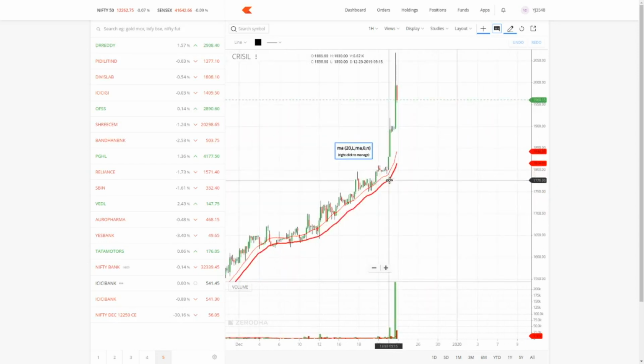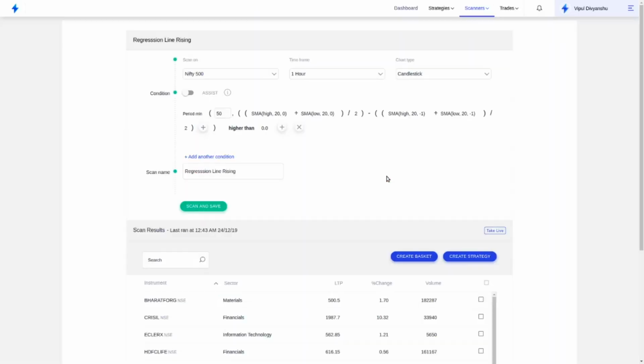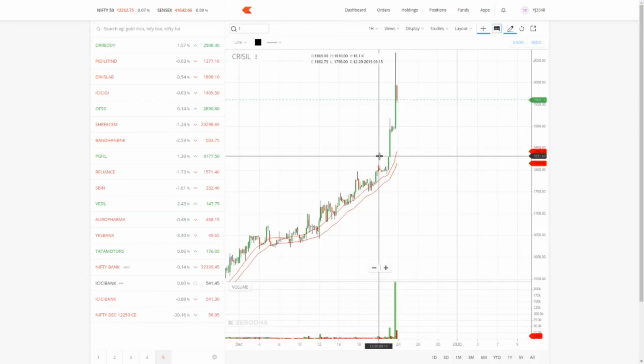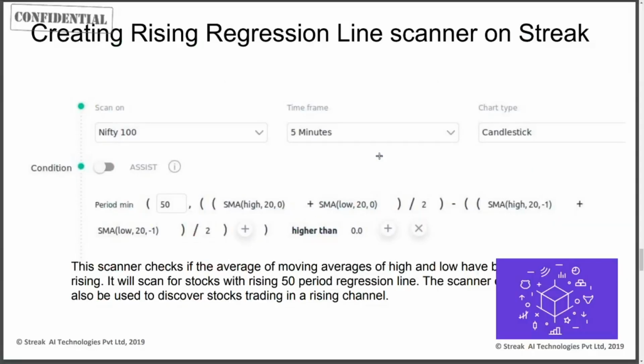Now we are taking the sum of this and averaging it, and then identifying whether this value over the last 50 candles, the period min, basically identifies what has been the value of this minus this ratio. Has it been higher than 0, which indicates the slope is positive. Okay, so if I have to see what the regression looks like for this, let me just go here.